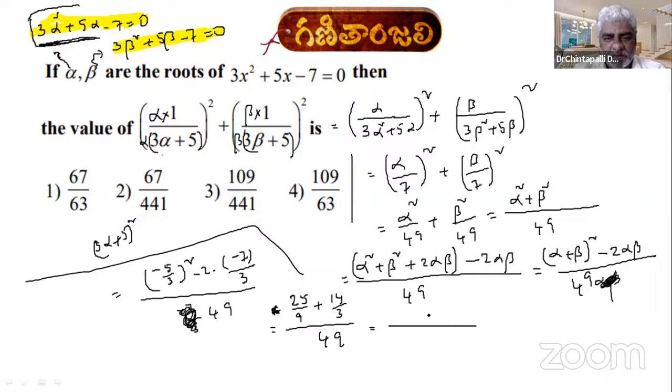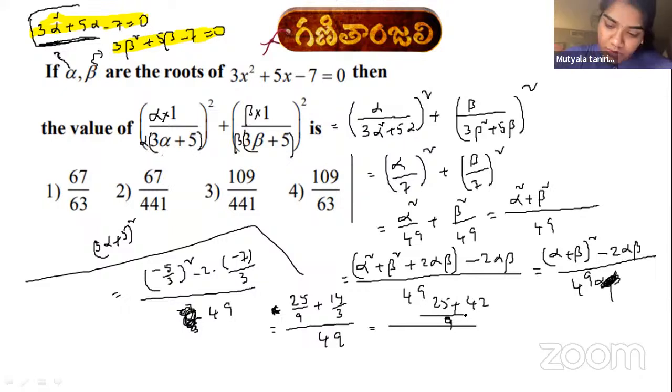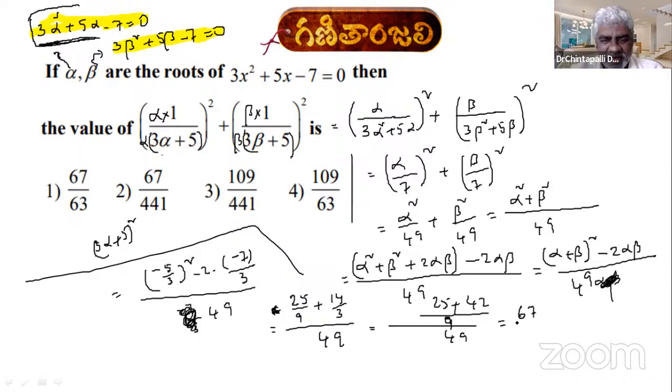LCM 9, 9, 25 plus 9 goes 3 goes 42. 42, right? 42, by 49. Yeah, very good. She's saying option 2. What do you want to say? Oh, I still have to. 67 over 9 times 49, 1 over 49.